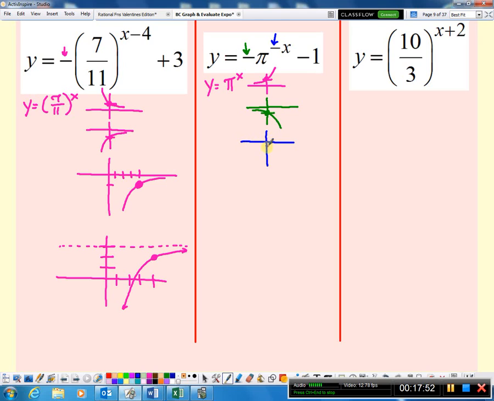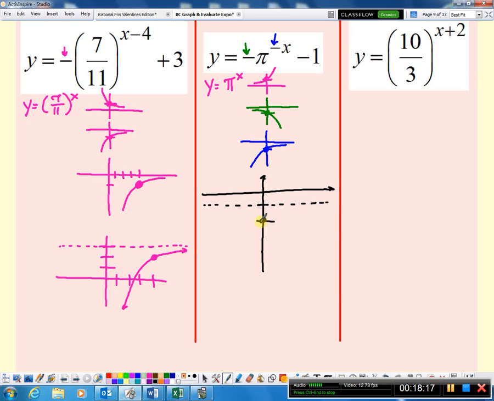Now, finally, I get around to the final answer, so I've got to deal with that -1, and what's that do to the whole graph? It moves the whole graph down 1. That means first and foremost, the horizontal asymptote moves down 1, and then the intercept, which was at (0, -1), moves down to (0, -2), and then repeat the blue shape, and you've got it.